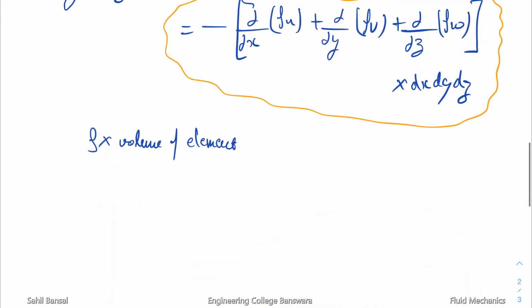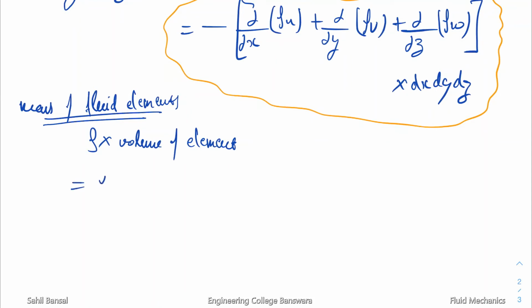So I can write that the mass of the fluid element, I am not talking about the fluid entering or leaving the system, I am simply talking about the mass of that element only, will be the density of the liquid multiplied by the volume of that element, which is equal to rho into dx into dy into dz.